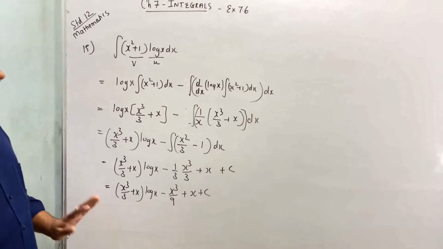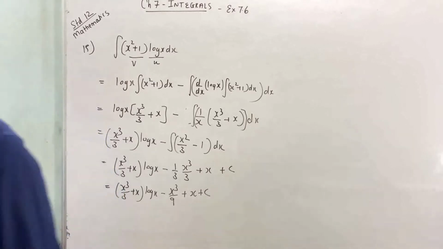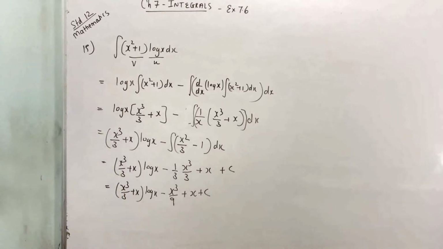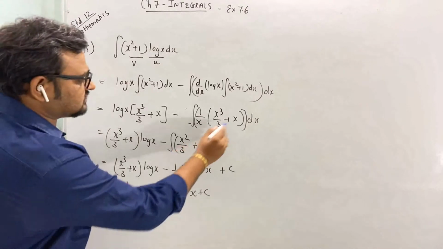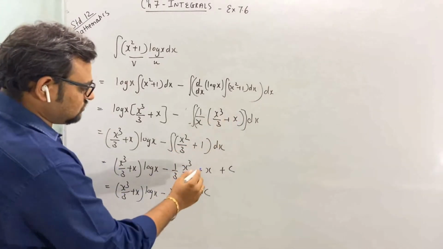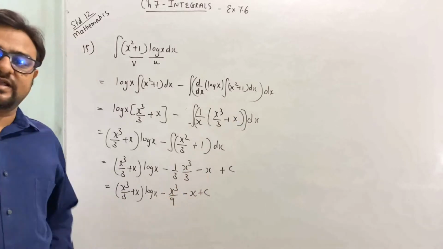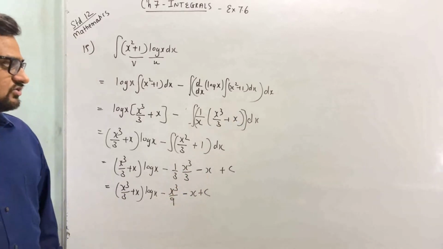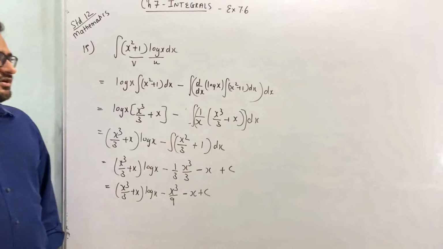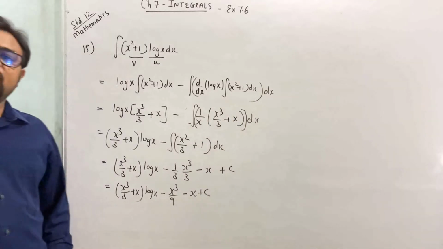Okay, so just go through this question. Here it will be plus. So here we will get a minus sign. Okay, so just make a change here. So this is question number 15.